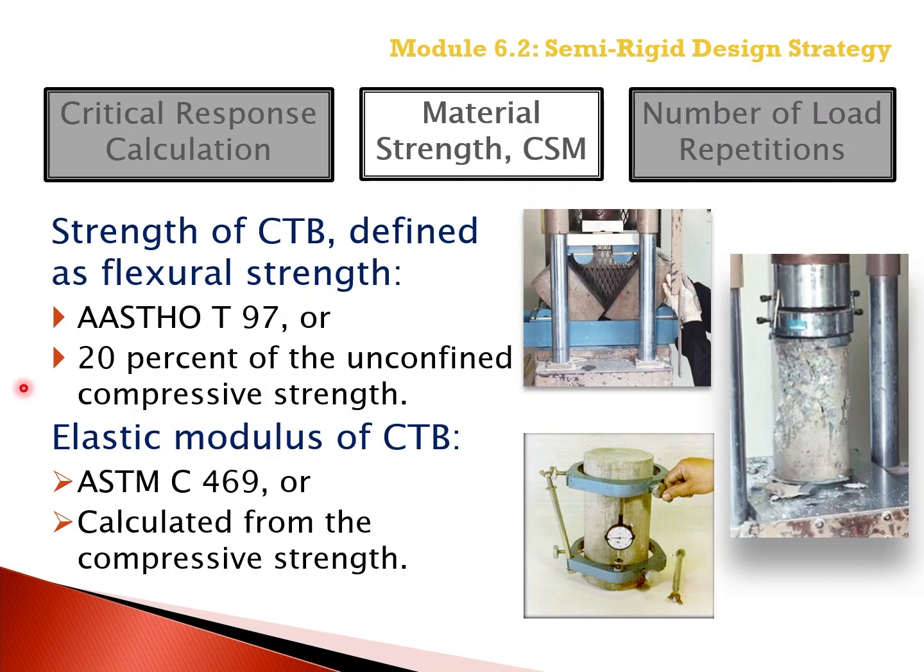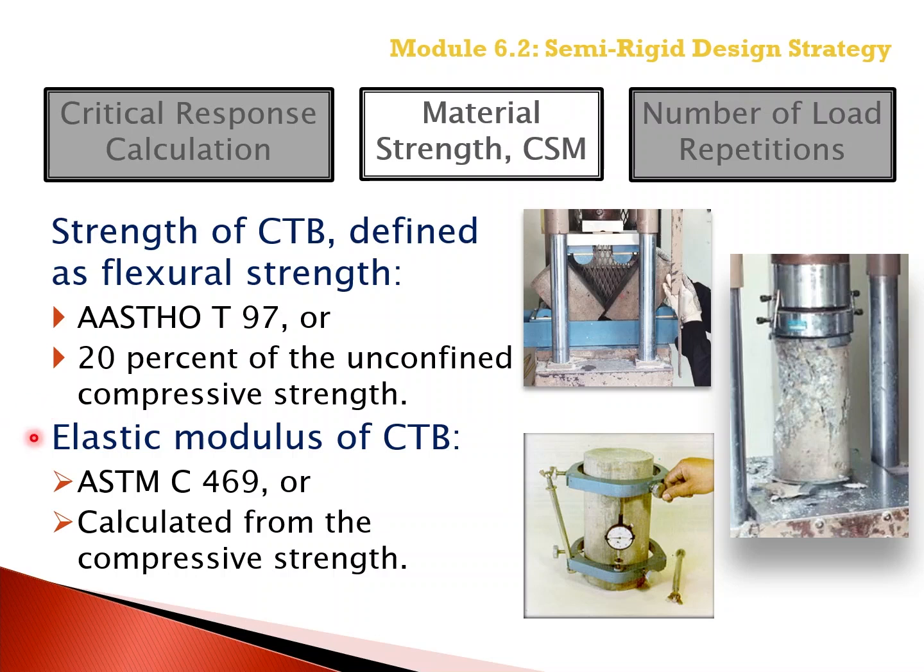So the rule of thumb is that 20% of the unconfined compressive strength can be used to estimate the flexural strength itself. That's a rule of thumb that's noted in a regression equation in the MEPDG Manual of Practice.